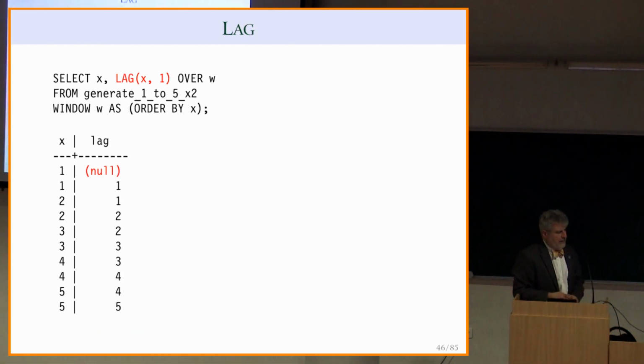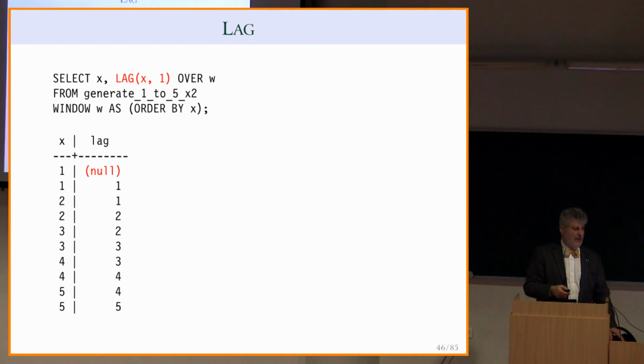We have another function called lag. It allows me to look backward, similar to one preceding, except it's a little more flexible. So now I'm doing lag, and I'm saying give me the row before my row.